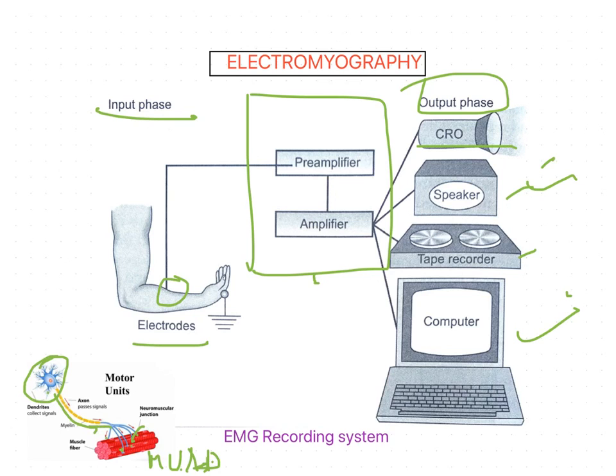One is the recording electrode, another is a reference electrode, and the next is the ground electrode. These are the 3 types of electrodes.